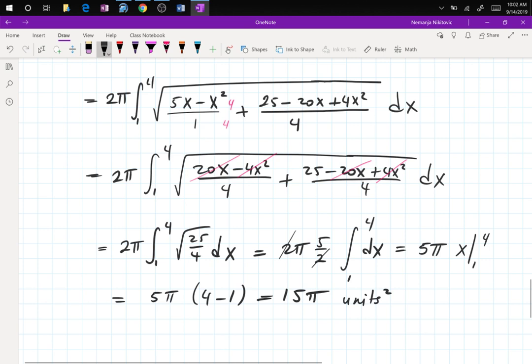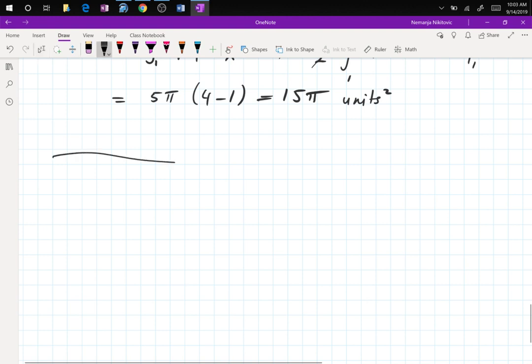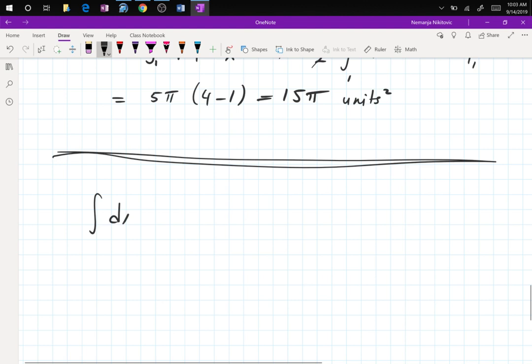Is it the c that turns into x, or is it the d? That's the usual one that confuses everyone. So when you have integral of dx, you can write that as integral of 1 dx. You can write 1 as x to the 0 dx.